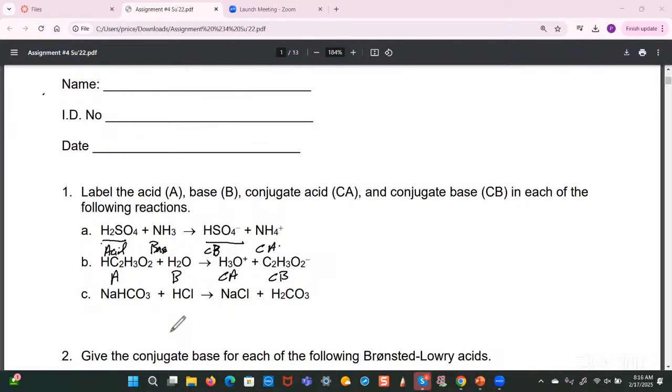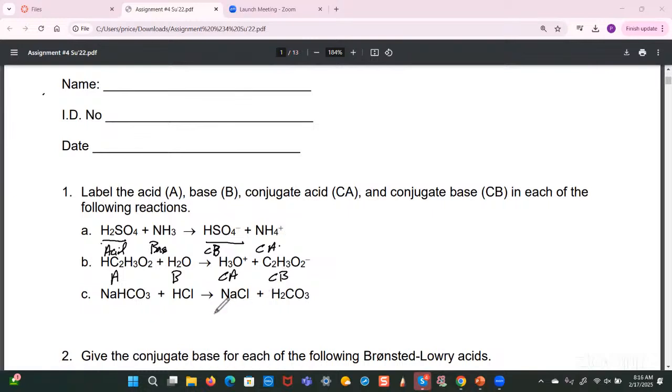And you guys out there in Zoom, you can chime in. Remember, the acid is a substance which donates or loses a proton to the base, and the base is a substance which accepts the proton from the acid, all right? So you have to keep that definition in mind.